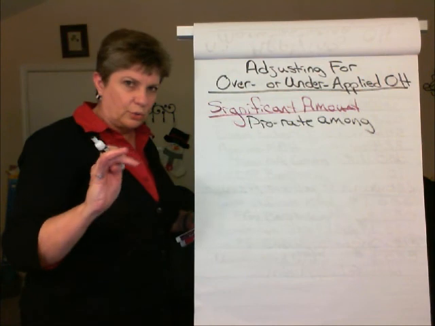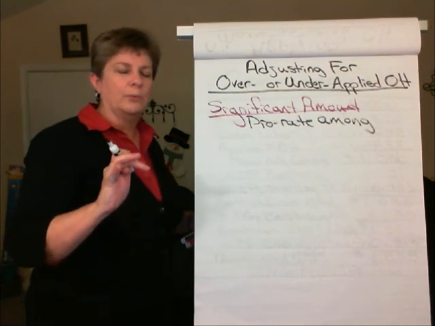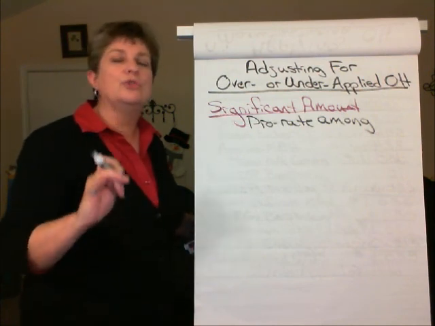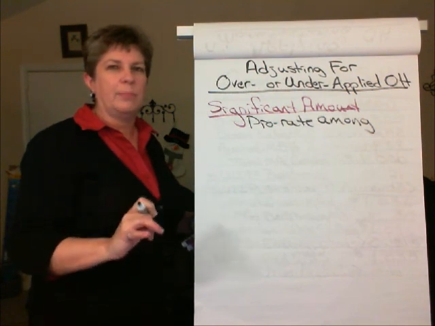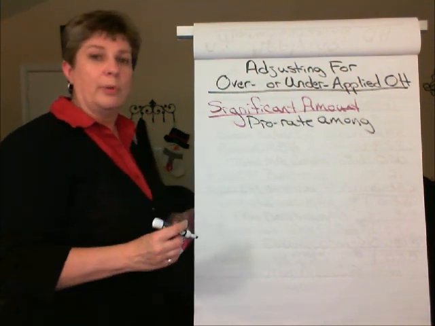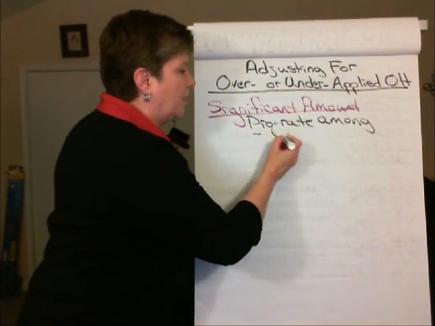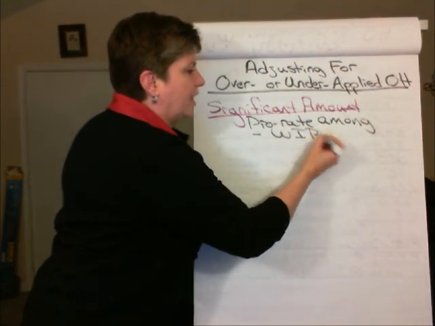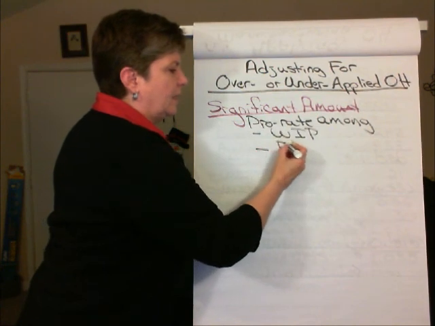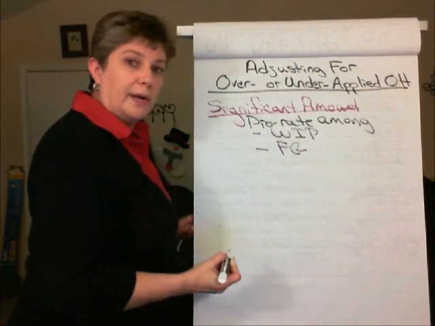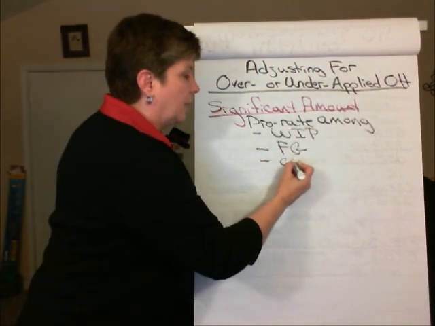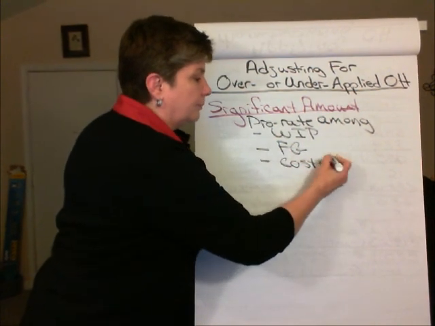So there are at most three accounts that are affected by this over or under applied overhead. So that difference will have to be prorated among those three: work in process inventory, finished goods inventory, and the expense account, cost of goods sold.